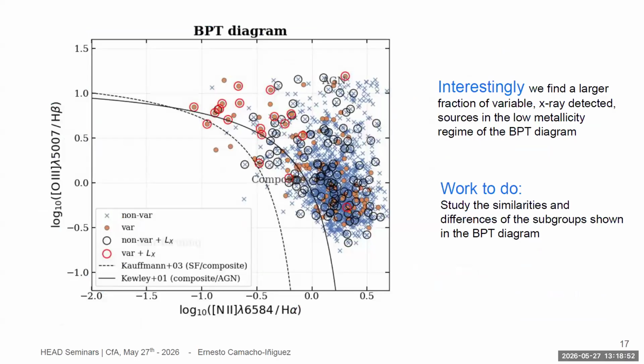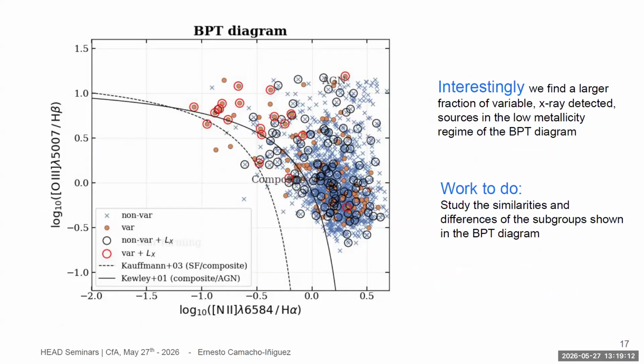We also plotted the BPT diagram. So you have in orange points the variable set, in blue crosses the non-variable set, in red circles the ones that are X-ray detected for the variable ones, and in black circles the ones that are X-ray detected for the non-variable ones.